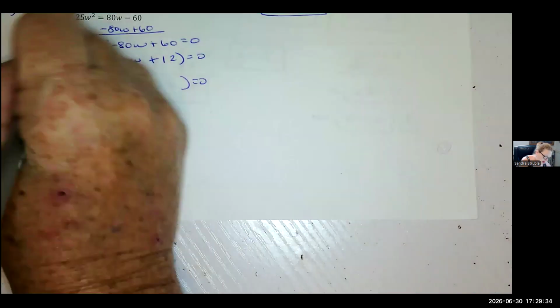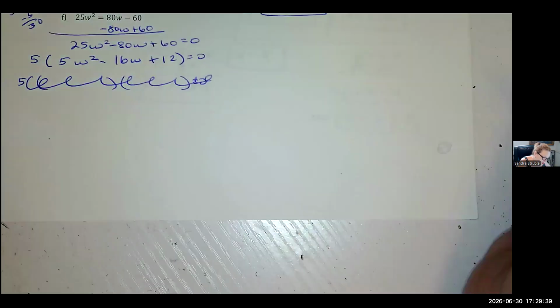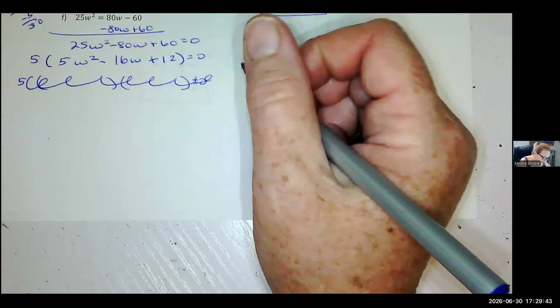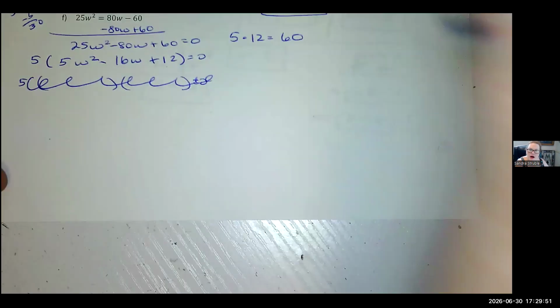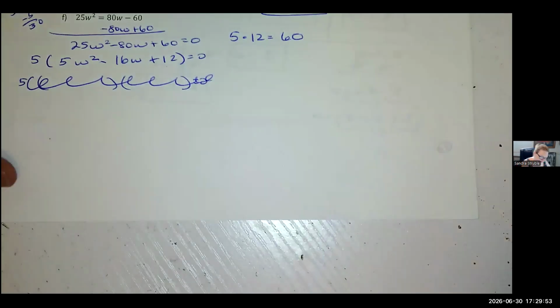I want to find out what I'm going to factor this into. So in order to find out what my parentheses are going to have, I need to take 5 times 12, and that's 60.